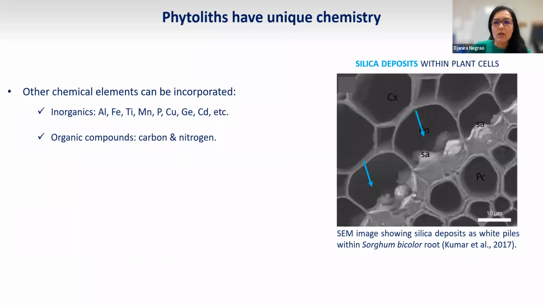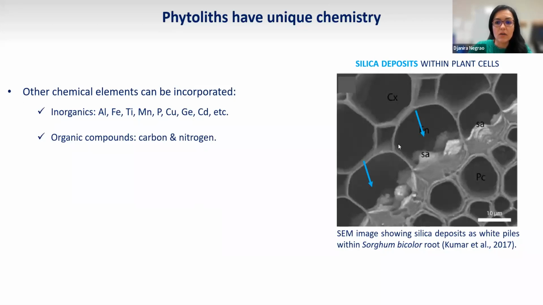They also have very unique chemistry. As I said, they are made of silica, but while they are made by plants, certain types of inorganics can be incorporated. In this image here, we can see some little piles of silica, which is absorbed from soil and transported within certain types of cells.